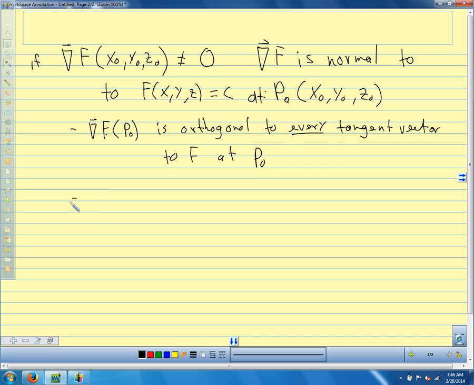We're going to call the plane that is normal to del F at P0 our tangent plane at P0.